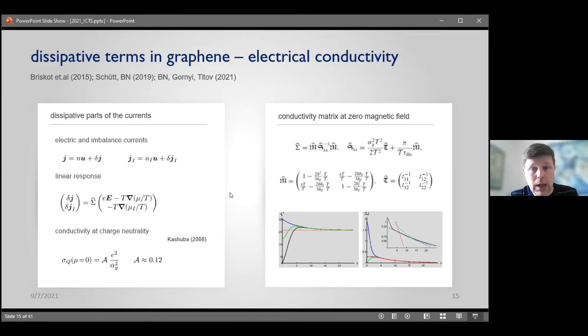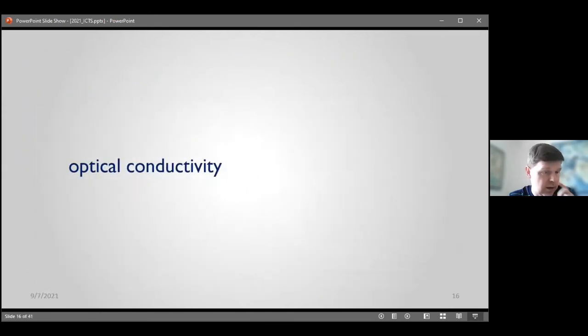Right? Now, this produces a certain number of scattering rate-like parameters that describe conductivity in graphene. And these parameters can be extracted experimentally, for example, by using optical conductivity.